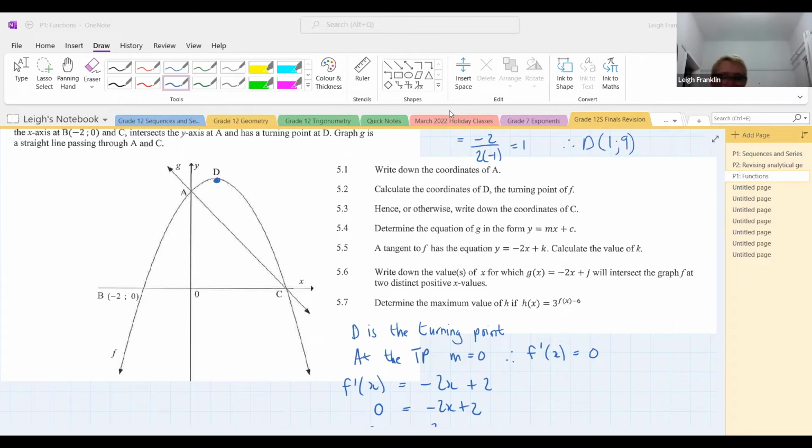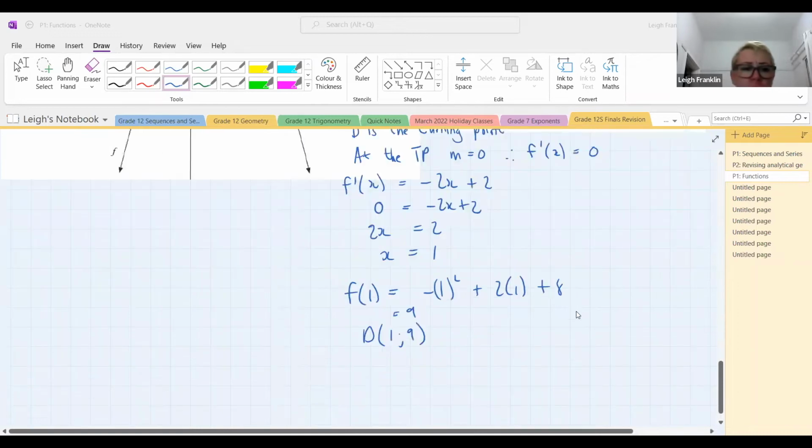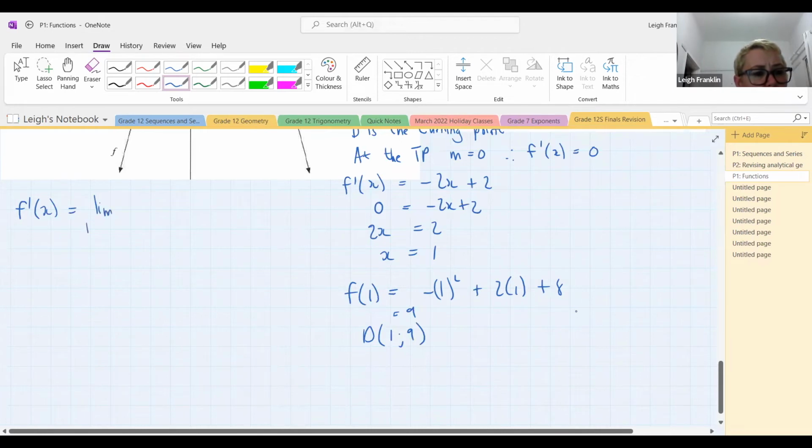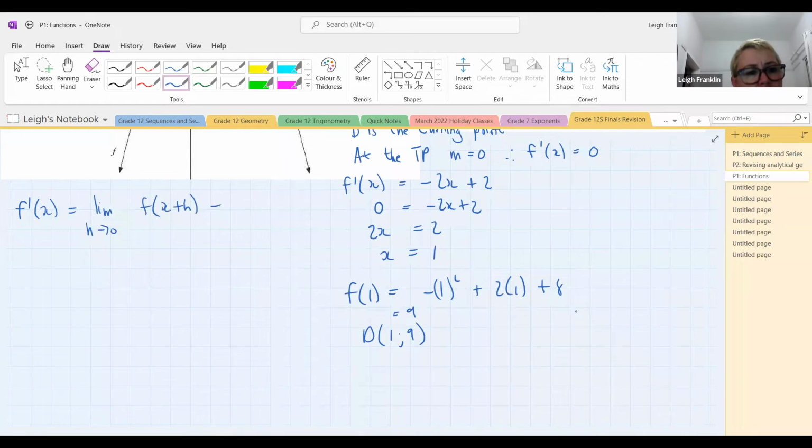They want you to use that formula. I'll rub it off, but they want you to use it. So f prime of x equals the limit as h tends to 0 of f of x plus h minus f of x, over h. That's first principles.